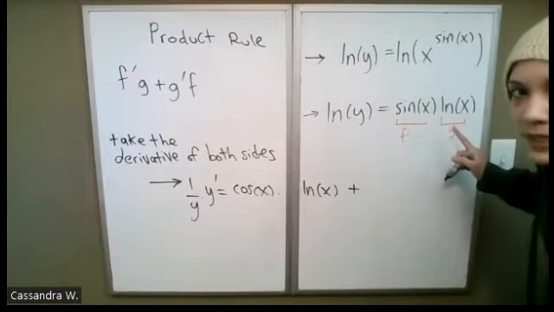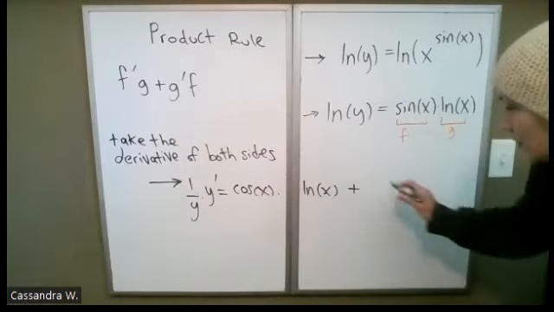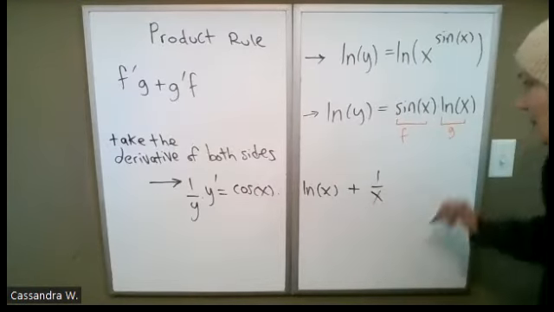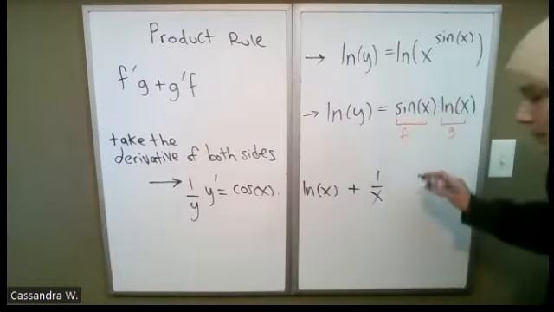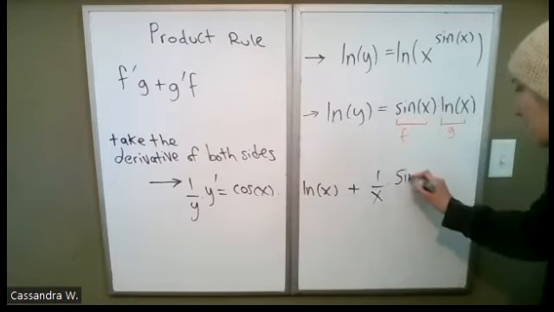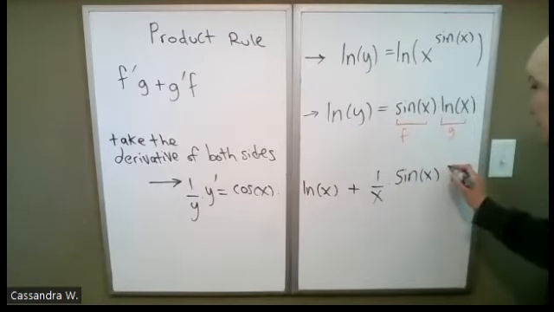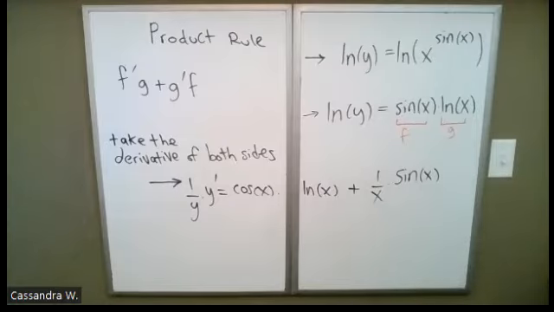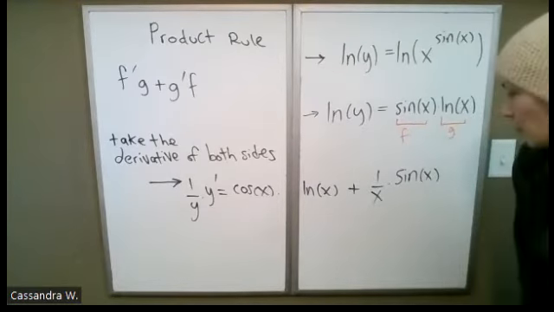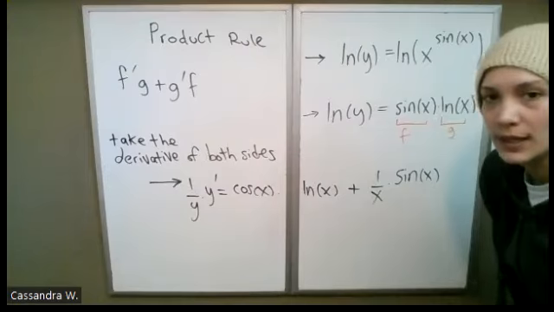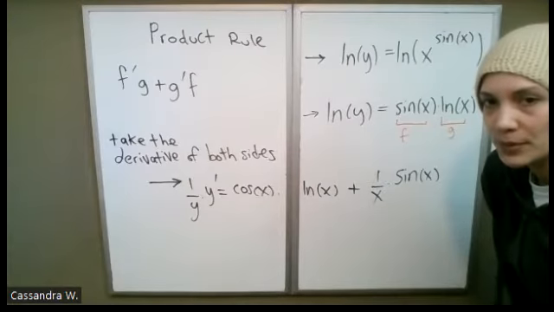All right, derivative of ln of x is 1 over x. And then times that sine of x. Okay, next, multiply both sides by y.